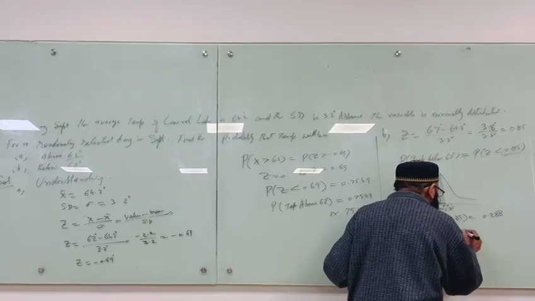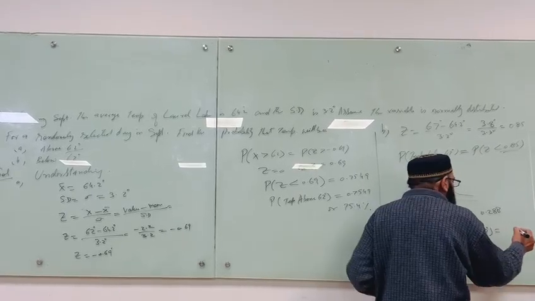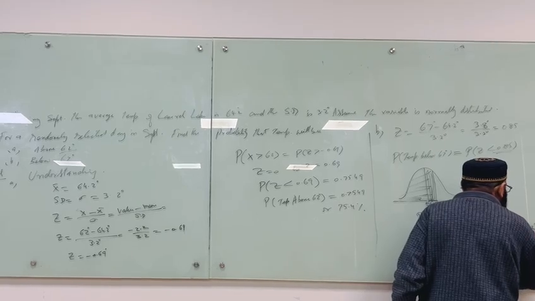Temperature below 67 degrees is equal to 0.5 plus 0.3106.